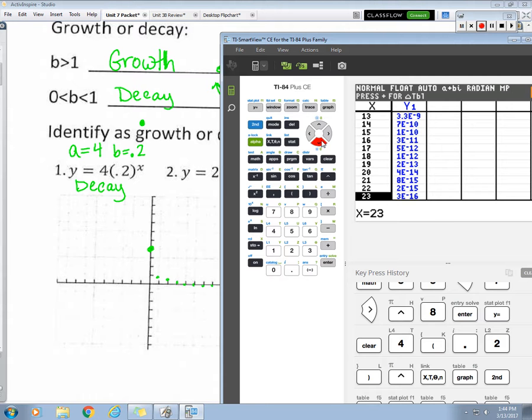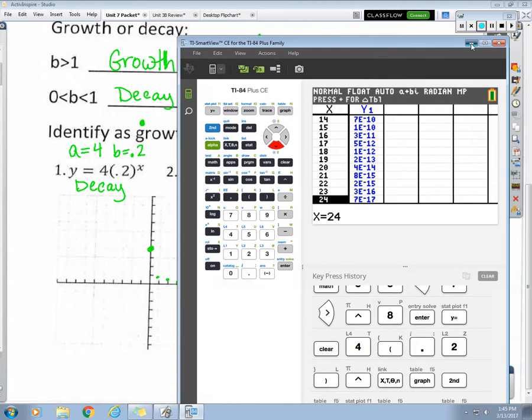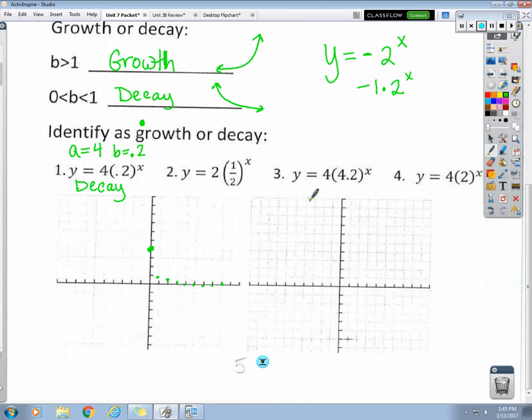But no matter how far I go to the right, it never goes below the x-axis. It just gets closer and closer, so close to 0 that they write it like that. That'd be like 17 zeros, right? Okay, so your graph is going to look like this if you connect these points.